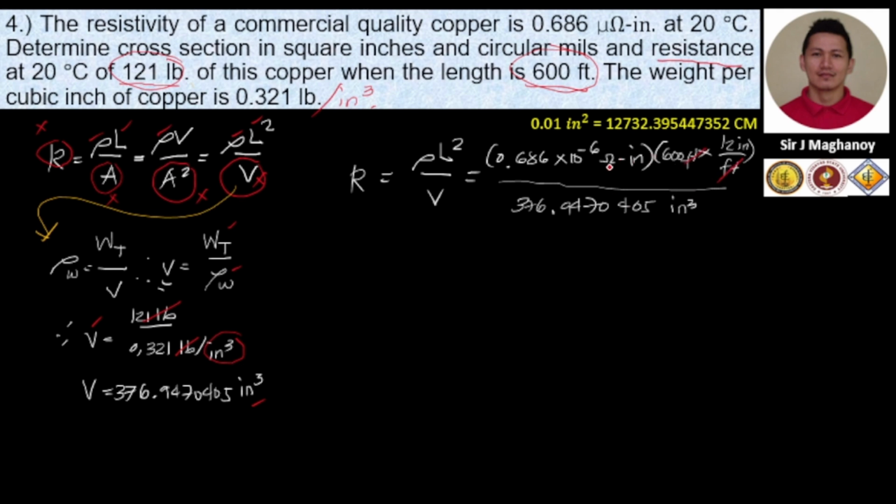The remaining unit here is ohms times the length squared. The remaining units in the numerator are ohms and inch times square inch, that is cubic inch. That is also the same in our denominator, so we cancel out the cubic inch. So solving for your R, don't forget the power of your length.